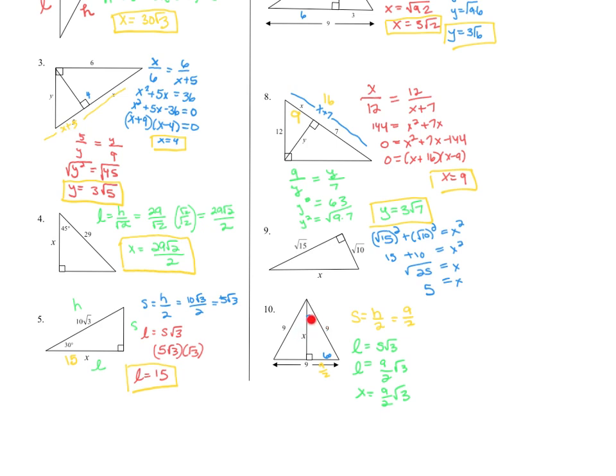So I'm going to find the short side first: it's the hypotenuse divided by 2, so that gives me 9 over 2. The long side then is the square root of 3 times the short side, and so we end up with 9 times the square root of 3 divided by 2.